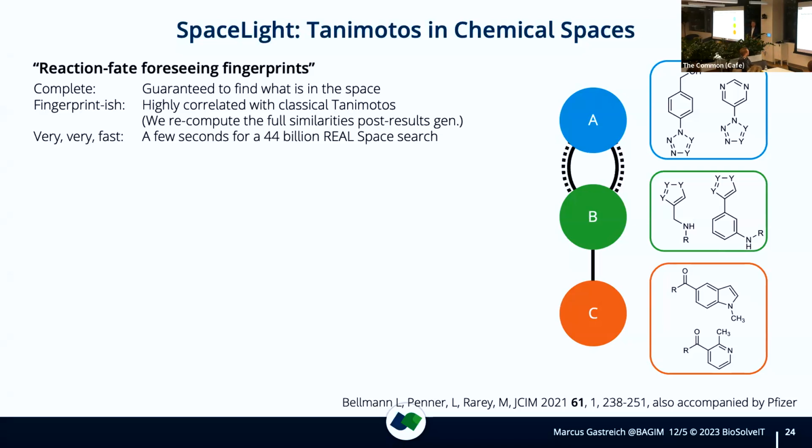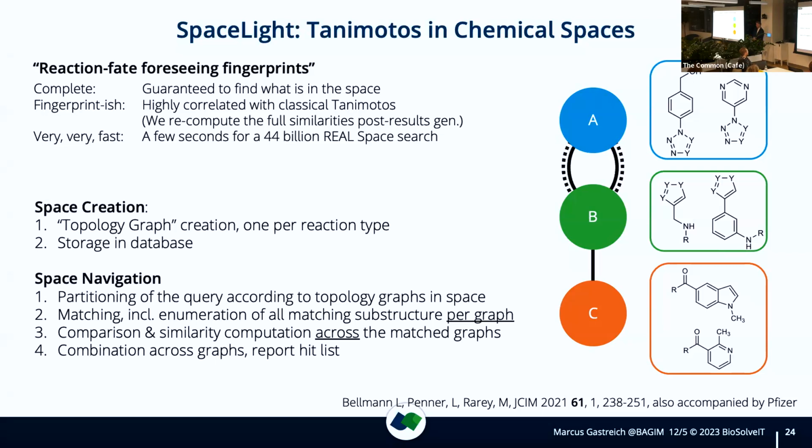That means we need to pre-process a database. That's what we do with SpaceLight. And then we can do classical Tanimoto comparisons with these molecules in these big spaces. It's extremely fast. It takes a few seconds with a multi-billion chemical space, and it spits the results out directly. So the space creation essentially means that we create these topology graphs per reaction, one per reaction, and write this out into the database.